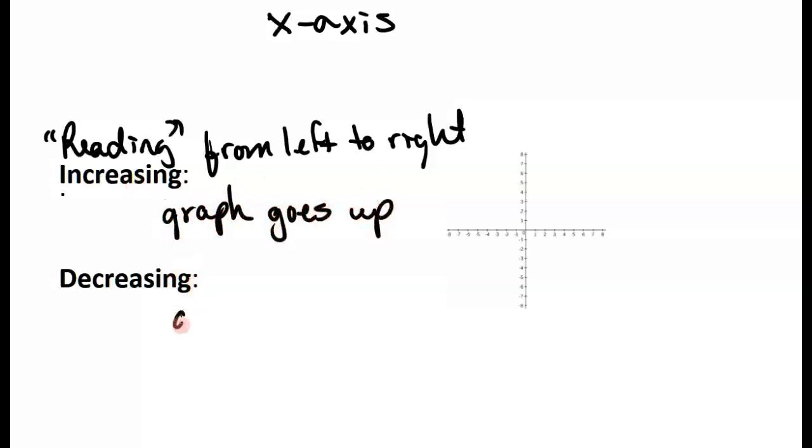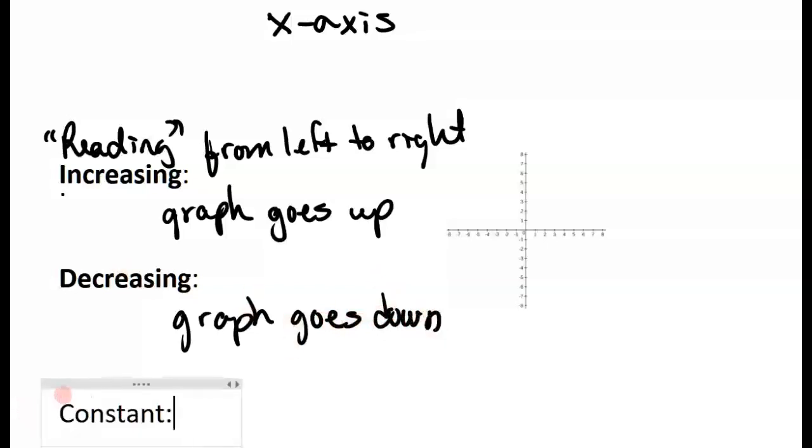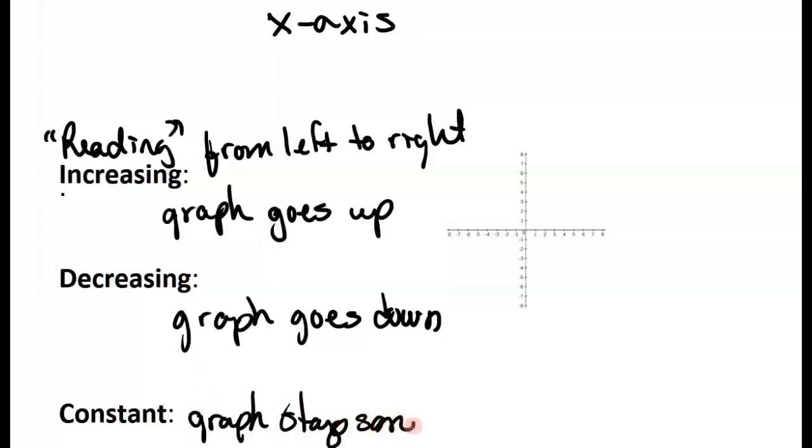Or if the graph goes down, then it's decreasing. We're going to add one here. It's constant. Constant if the graph stays the same or is flat.